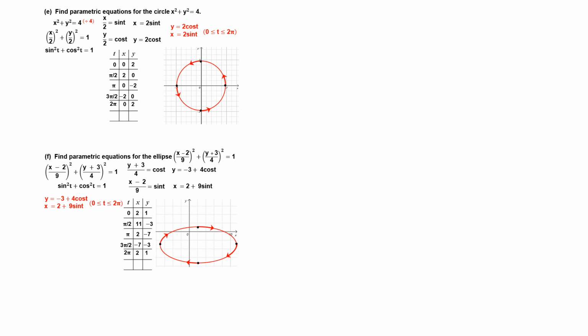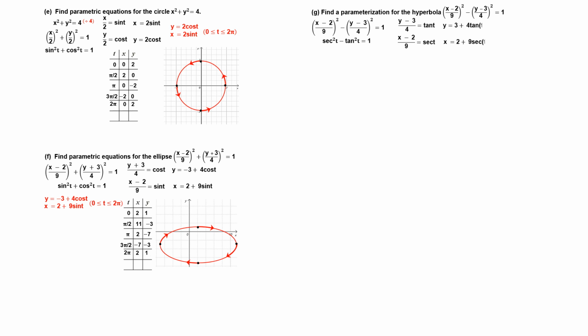Find a parameterization for the hyperbola. We apply the Pythagorean identity, which gives the relation between secant and tangent. We set secant of t equals x minus 2 over 9, and tangent of t equals y plus 3 over 4.